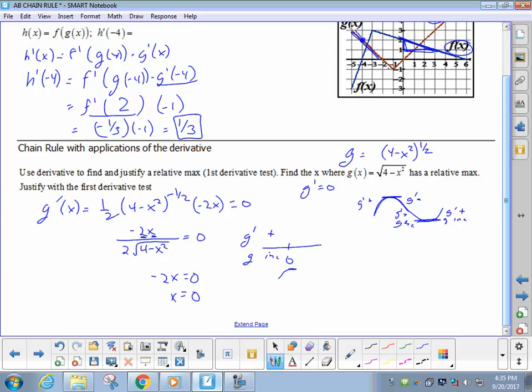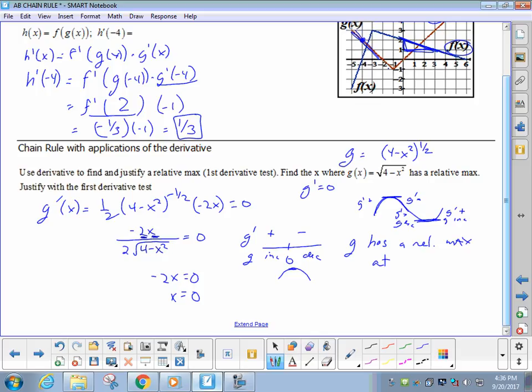After that, after 0, say 1, I get negative 2 times 1, which is negative 2, over 2 root 3. That's negative. That means g is decreasing after 0. Now that little doodle there tells me I'm getting a maximum.